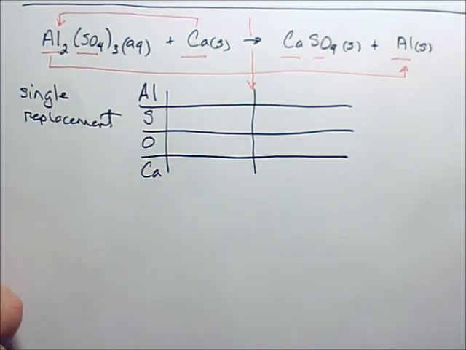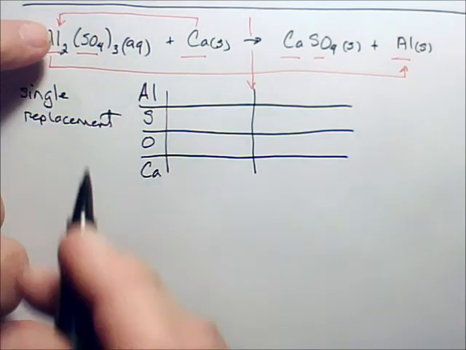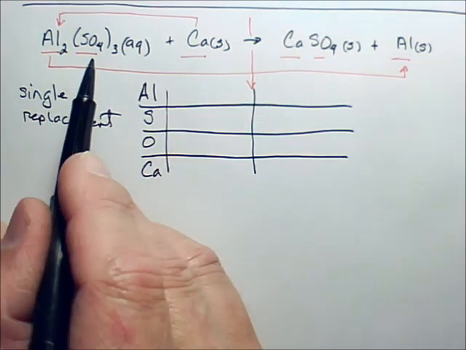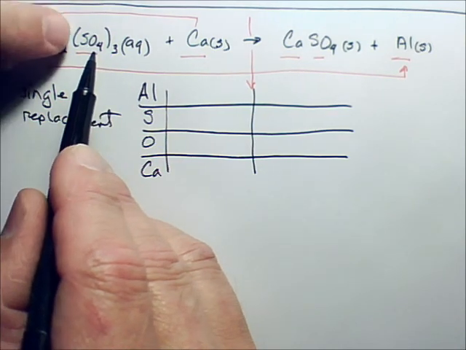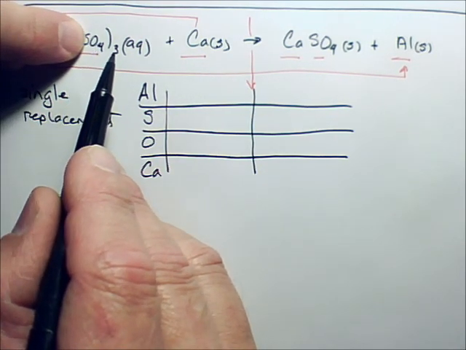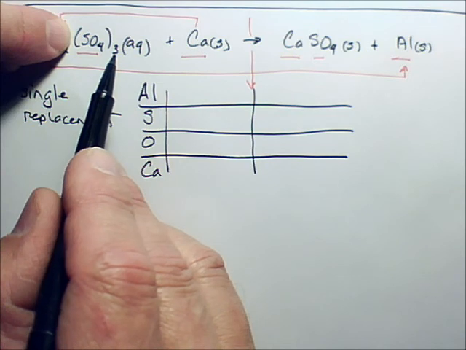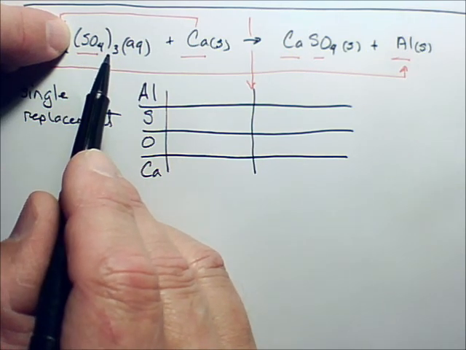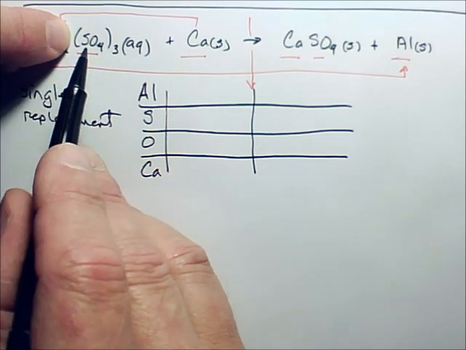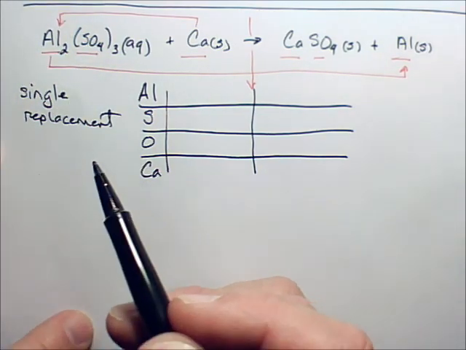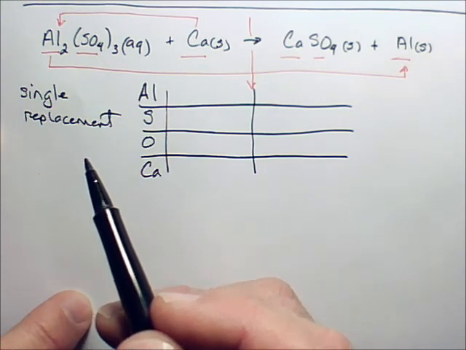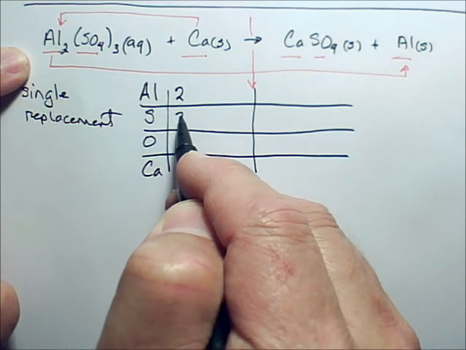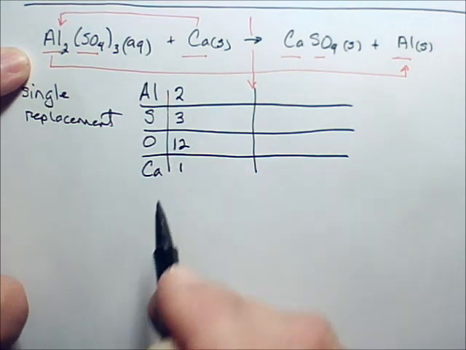What does that 3 apply to? Everything inside the parentheses. So that means there's 3 times the 4 oxygens for a total of 12 oxygens, and 3 times the 1 sulfur for a total of 3 sulfurs. So 2 aluminums, 3 sulfurs, 12 oxygens, 1 calcium.